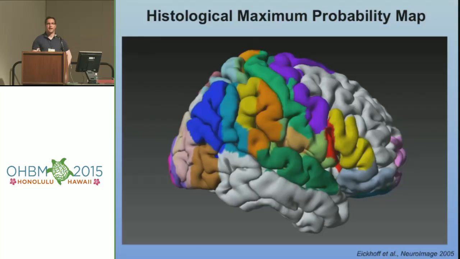So it looks like the traditional brain maps in that you have a continuous non-overlapping parcellation of the brain. But the key difference here is now that this is actually not a schematic figure, but a summary of a population-based, more or less at least 10 subjects, delineation of histological features.